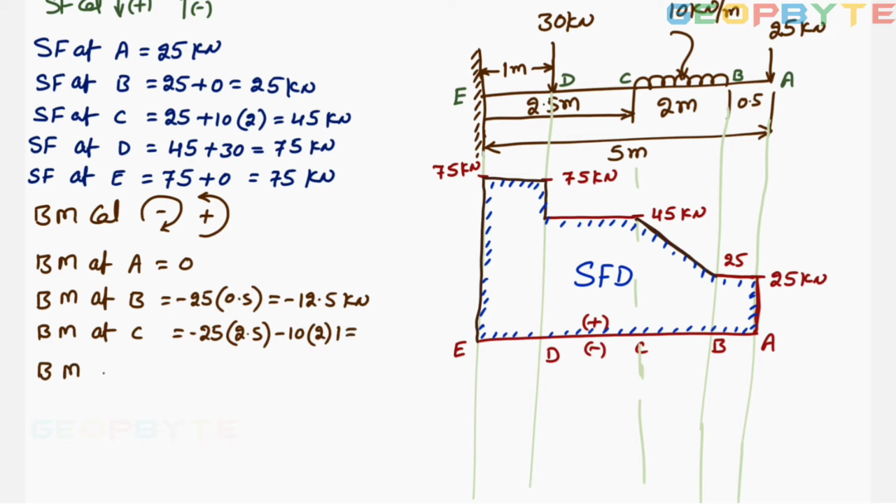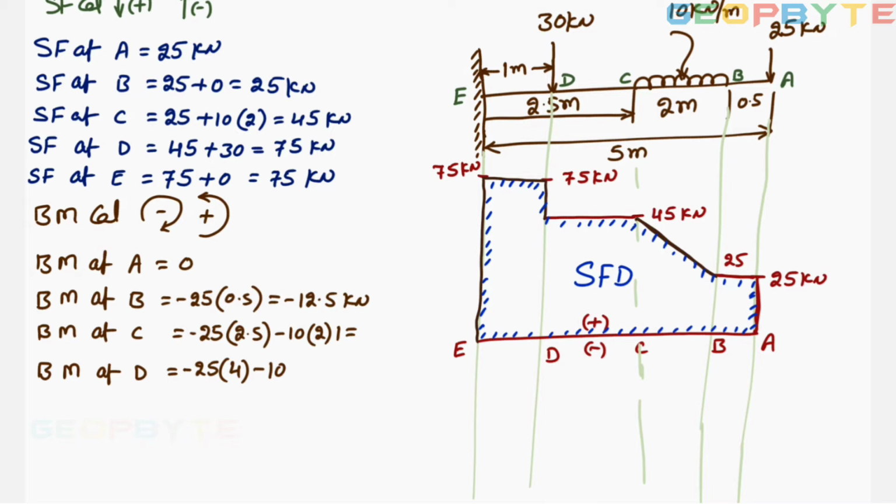Now come to the BM at D. BM at D is minus 25 into the distance up to D. Total length is 5 meters, but from the fixed end D is lying at 1 meter. So 25 into 4 minus 10 into 2.